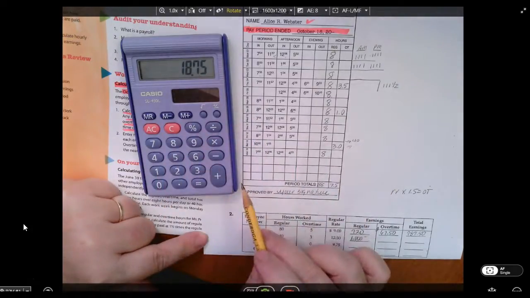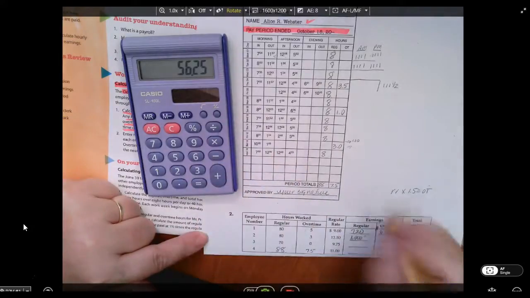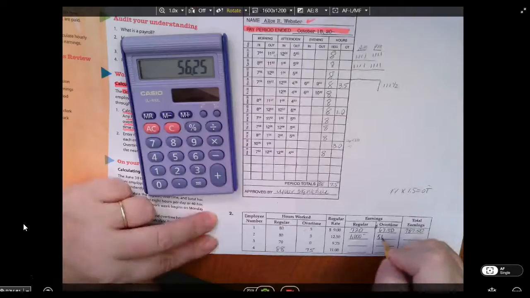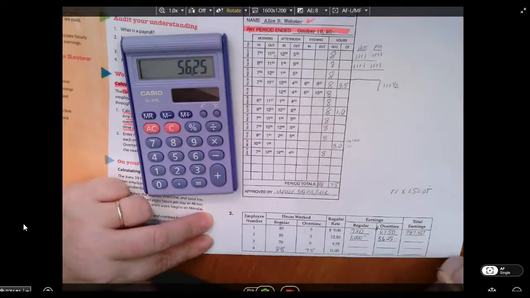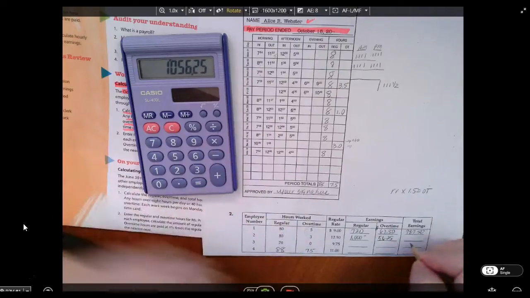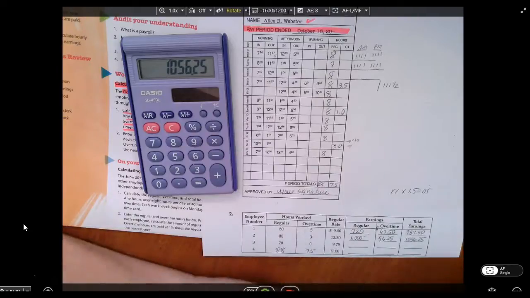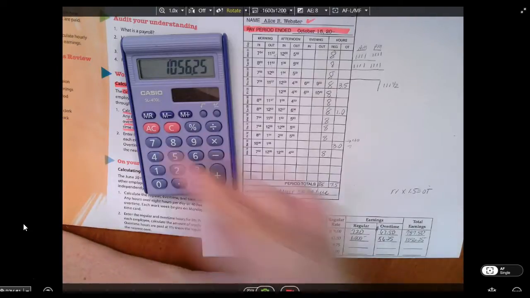Their overtime rate is $18.75 times 3 hours, $56.25. Add that to the 1,000. And their total earnings is $1056.25. Okay, perfect.